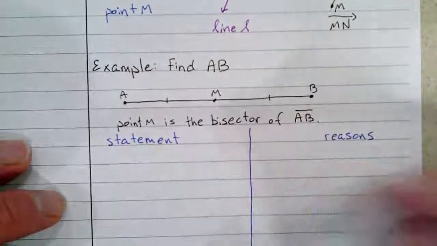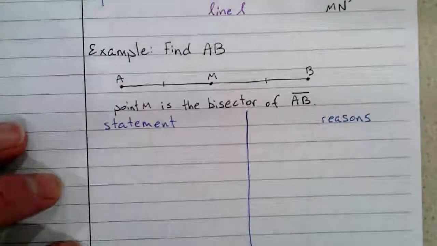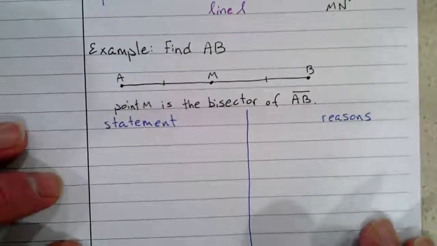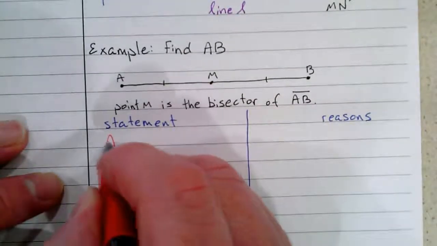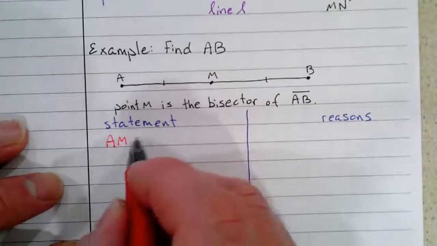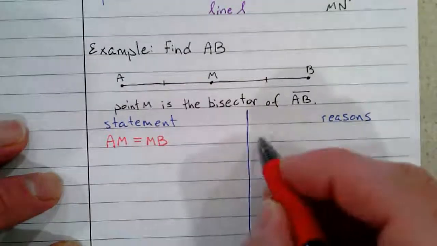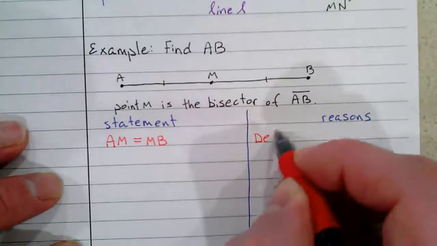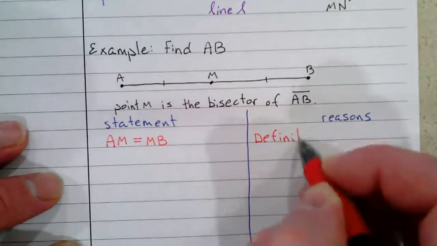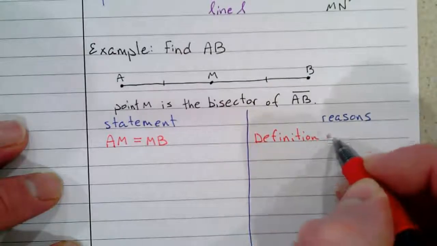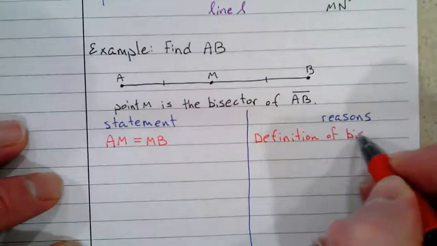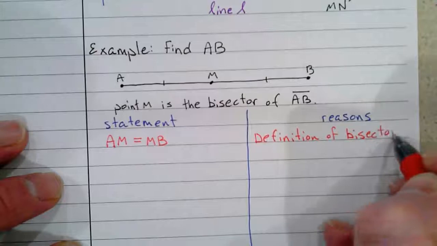First, we could say that AM equals MB, and that's just the definition of bisector.